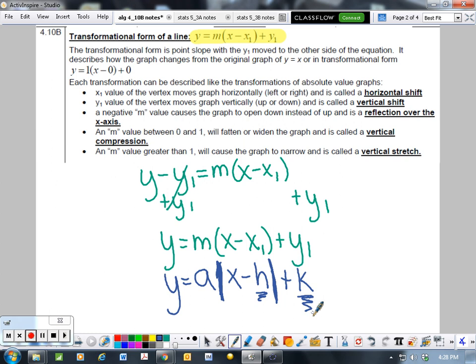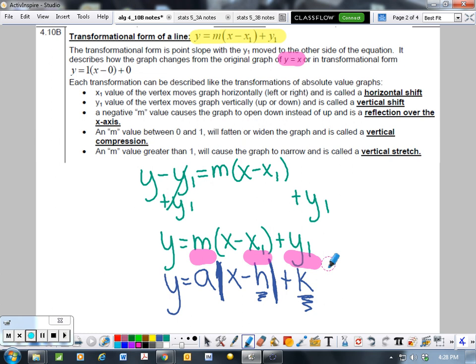And so when we're working with lines, we have this basic parent function, which is y equals x. What we're going to do is look at how that changes based on what numbers are here, here, and here. It's going to change the exact same way the absolute value functions did, so we're going to have that same vocabulary.